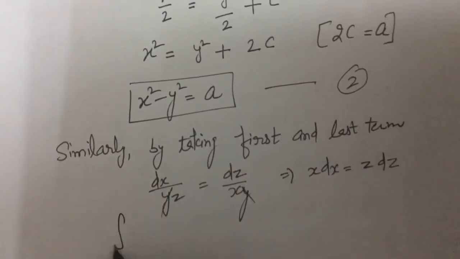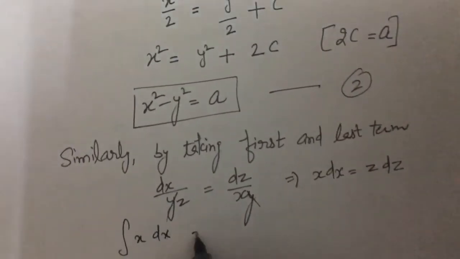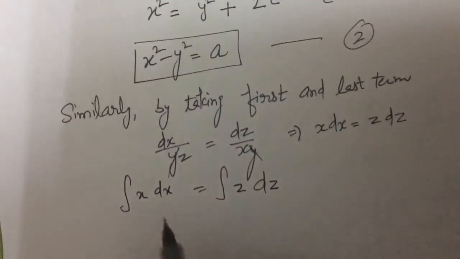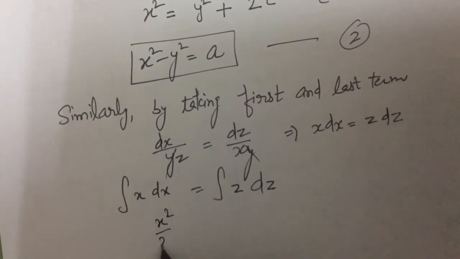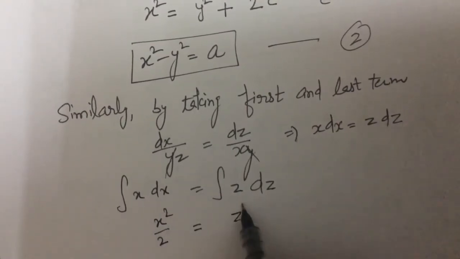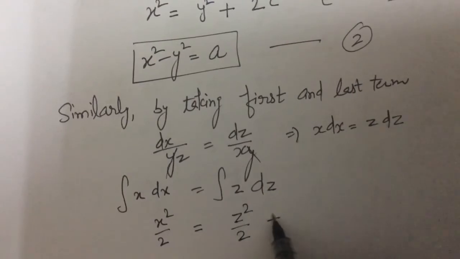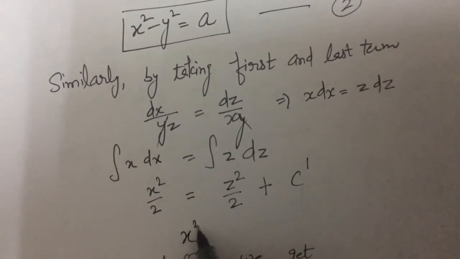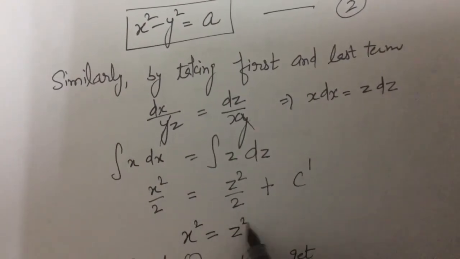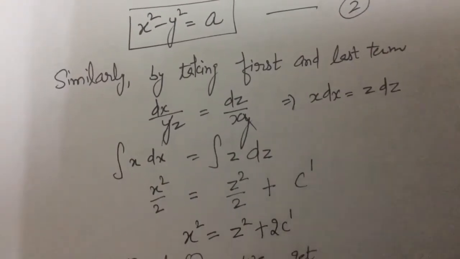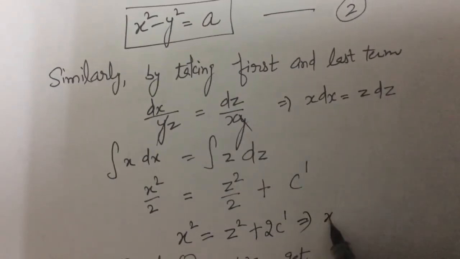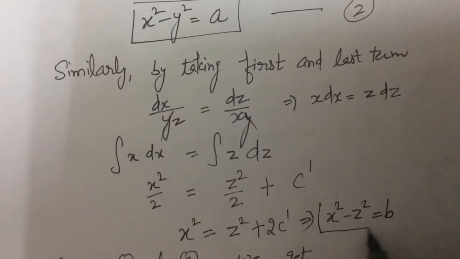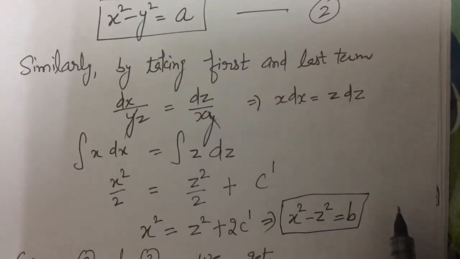Integrating on both sides, you will get x square by 2 is equal to z square by 2 plus c dash, or x square is equal to z square plus 2c dash, or x square minus z square is equal to b, if we replace 2c dash with b.